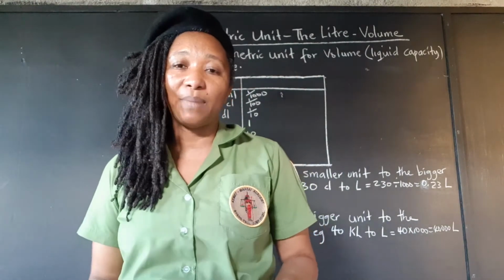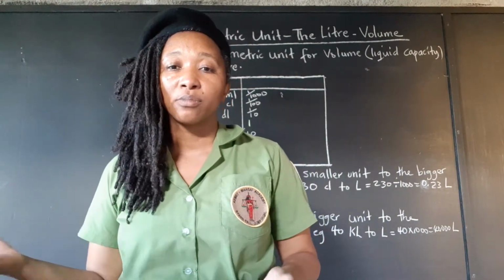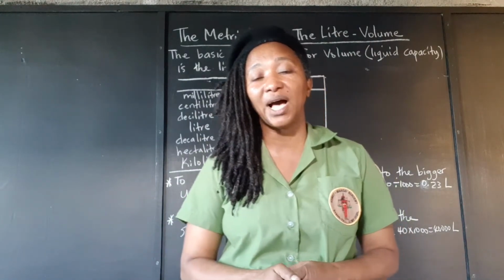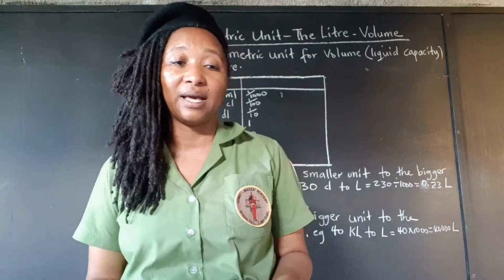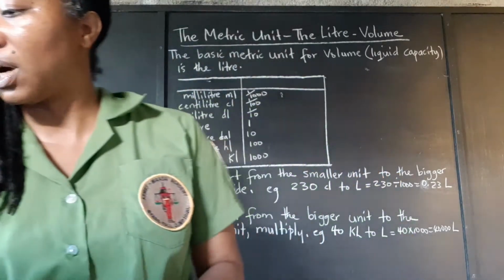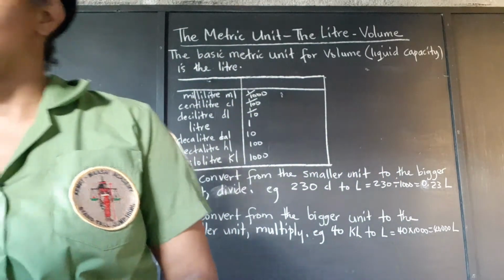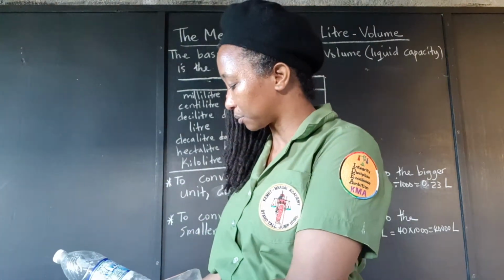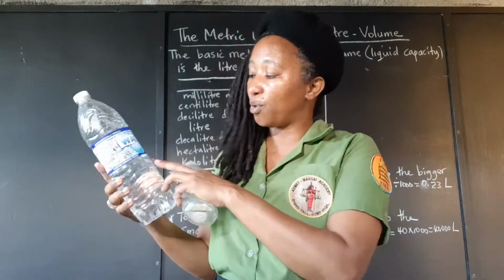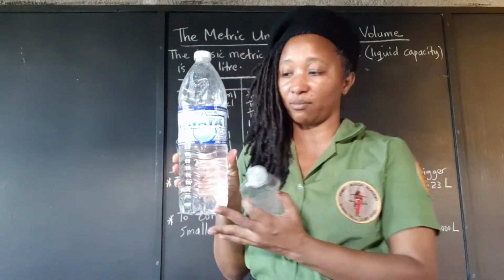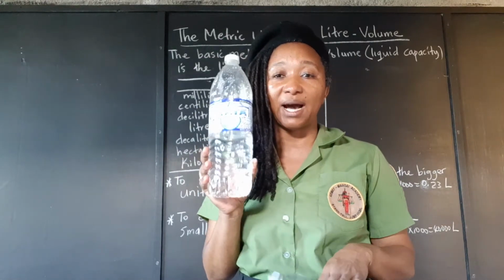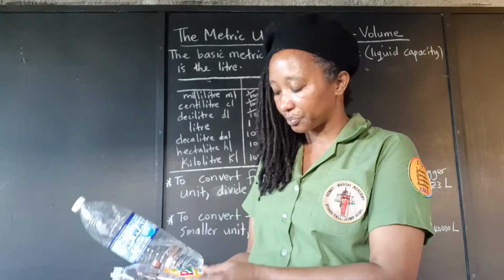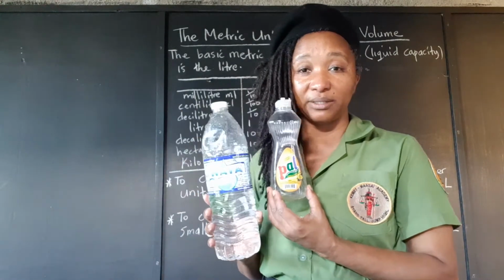Let's start by looking at some objects, some containers, just to have an idea of what we mean by a litre. I have two containers. This water bottle says 1.5 liters, and this is a dishwashing liquid bottle.